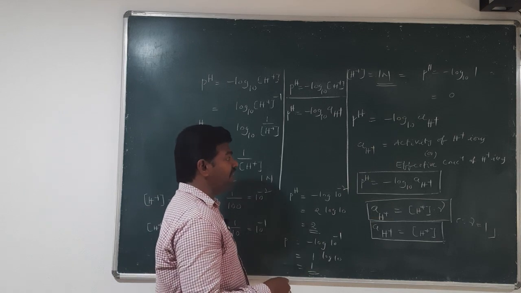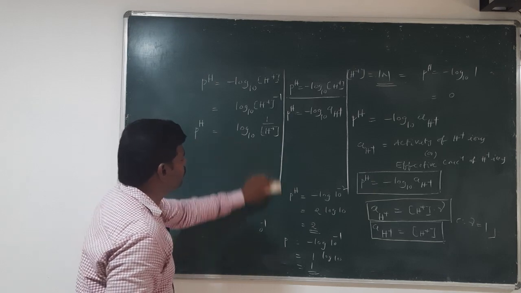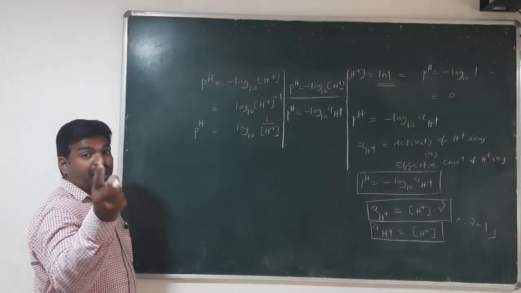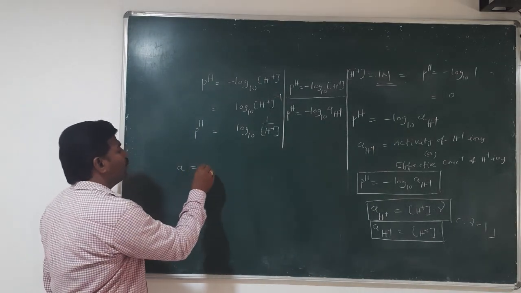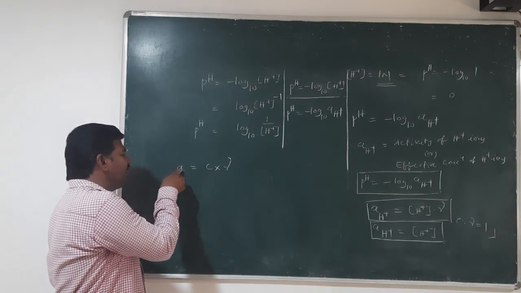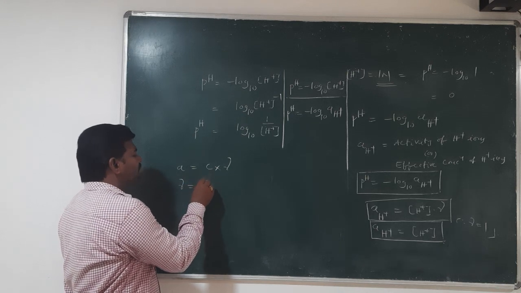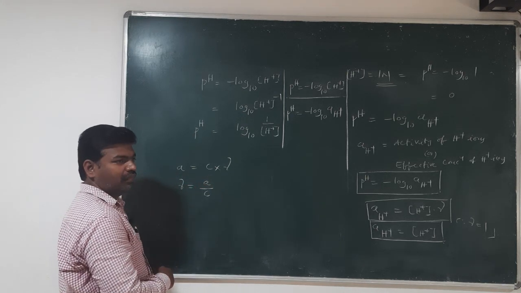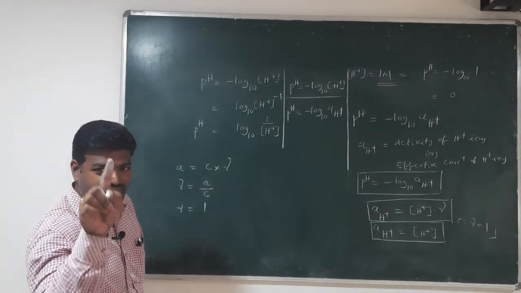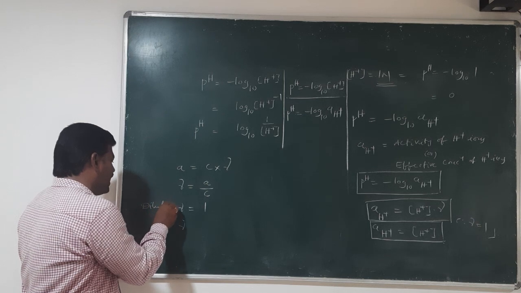Okay, and finally you should keep in your mind that activity is equal to actual concentration times activity coefficient, and activity coefficient is equal to A by C, and activity coefficient would be 1 in the case of dilute solutions.